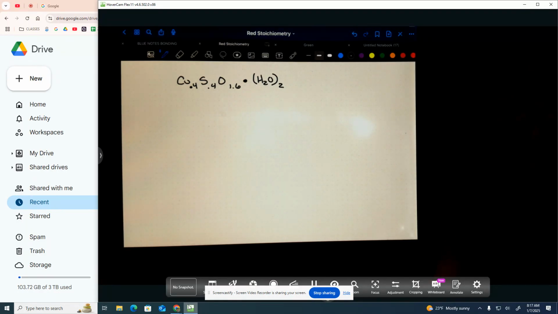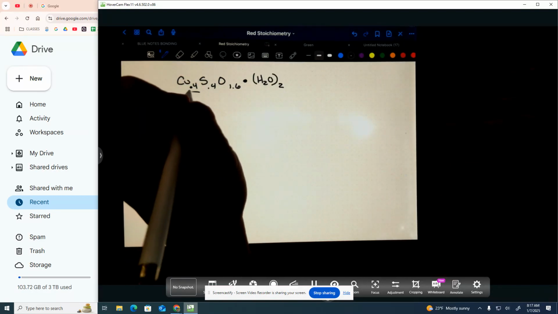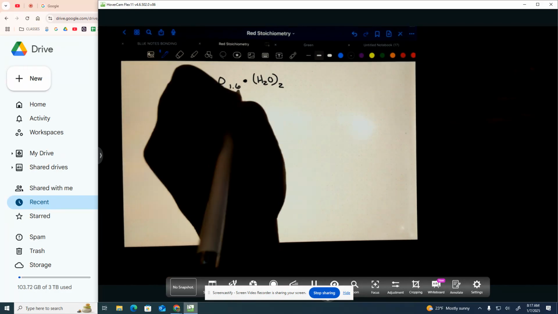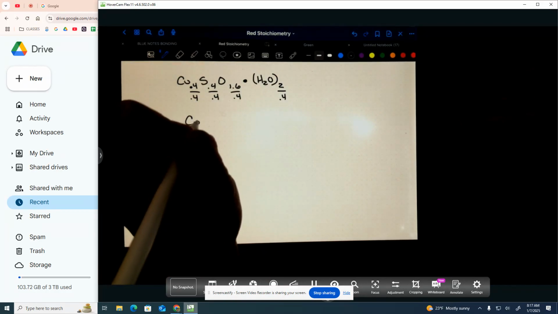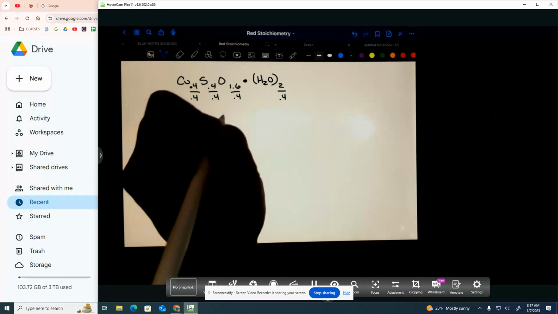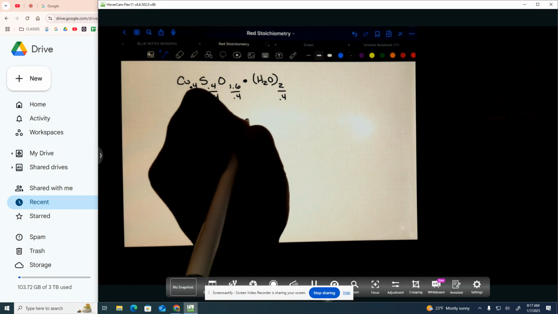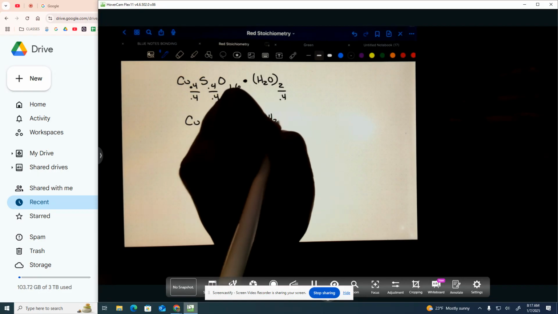How do I get those numbers to be whole numbers? Divide by 0.4. What do we get? Cu 1, S 1, O 4, and 5 H2Os.